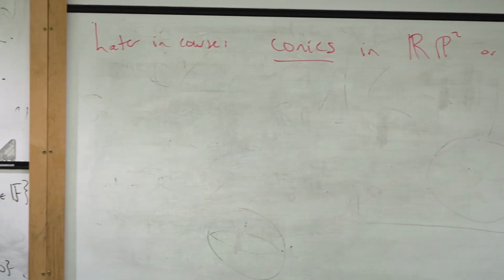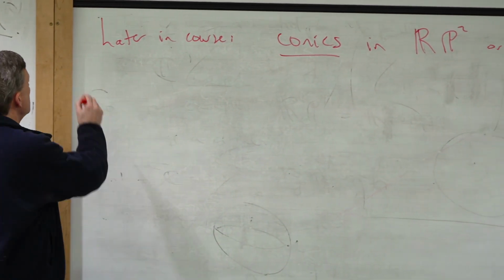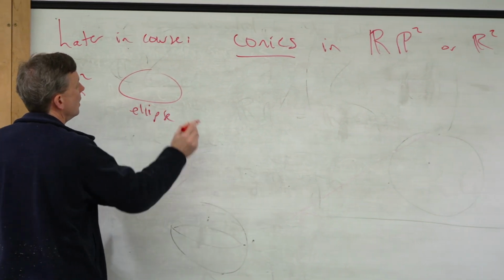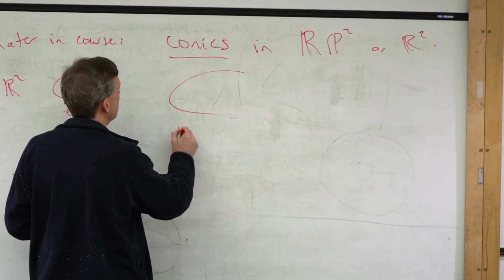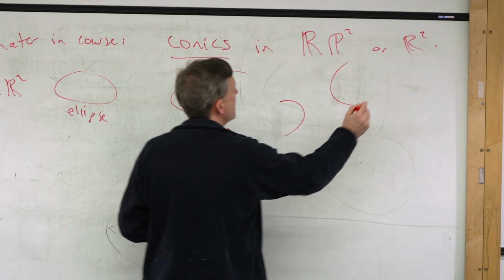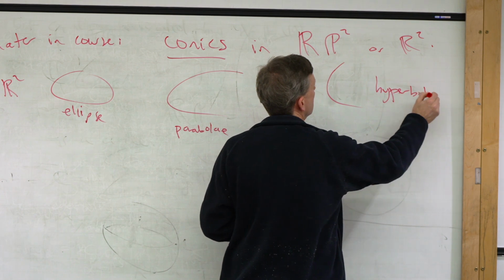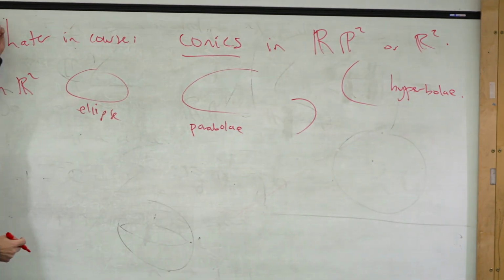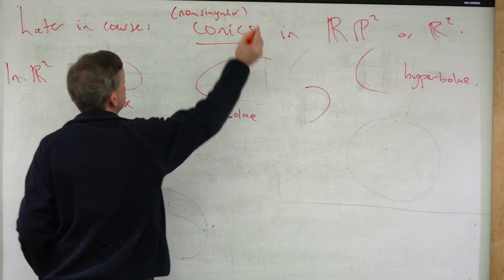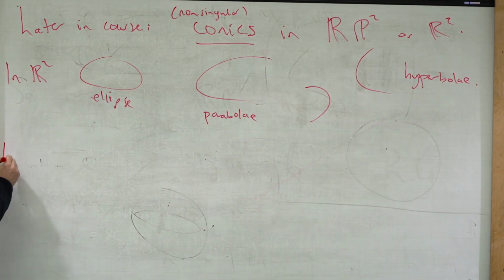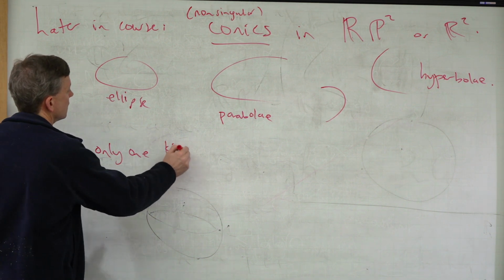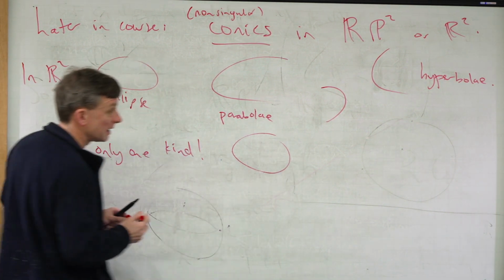So in R^2, you can get ellipses, or you can get parabolae, or you could get hyperbolae. I'm really talking about, let's say, non-singular and non-empty conics. So in RP^2, there's only one kind, which looks a bit like an ellipse.